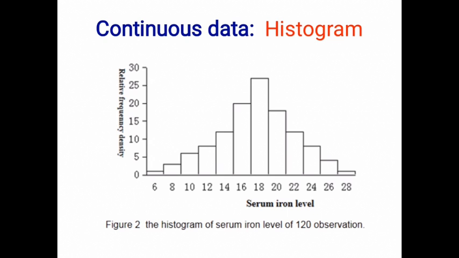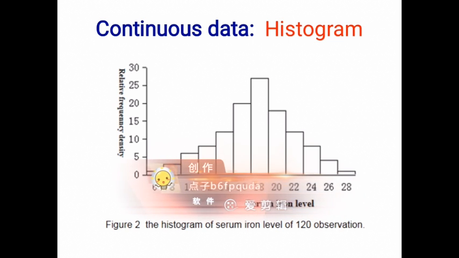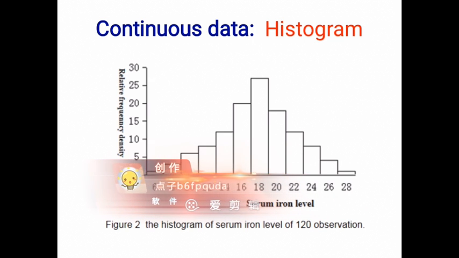We know the title of a table must be located at the top of the table, but the title of a figure must be located at the bottom of the figure. This is the difference between the table title and the figure title. One is located at the top of the table, but for the graph, the title must be located at the bottom of the graph.